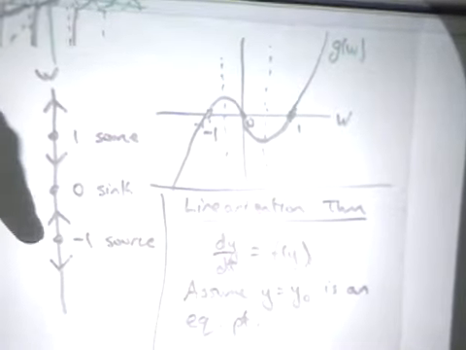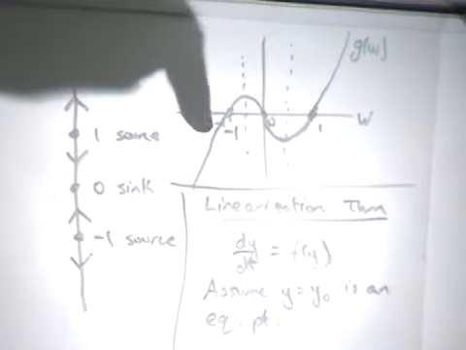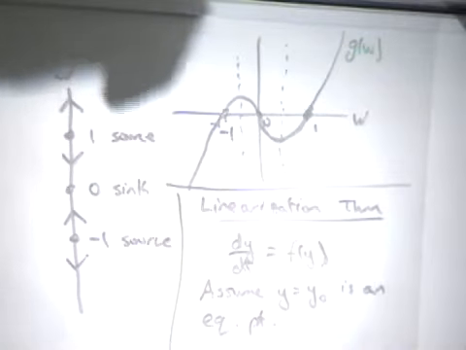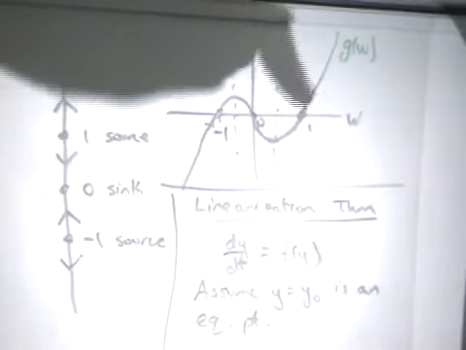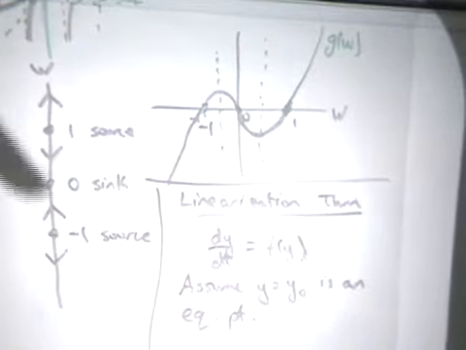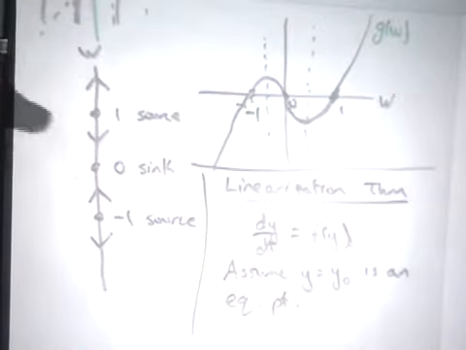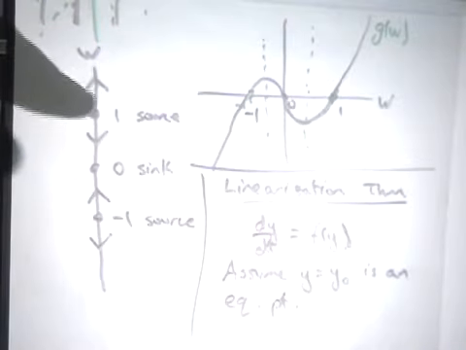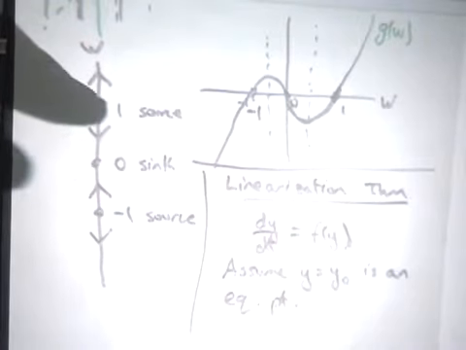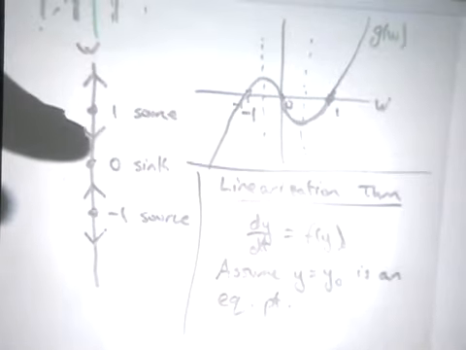Thinking about the sign of the right-hand side, because those slopes are positive, the sign of the right-hand side changes from negative to positive as w passes through those points. Negative to positive. So that's what's going to cause you to get sources. Solution curves go away from those equilibrium solutions through those points as time increases because of the sign of the right-hand side. Positive when you're above this one, negative when you're right below it.